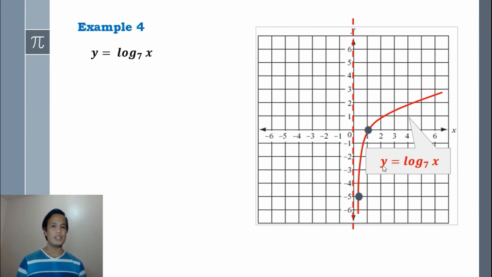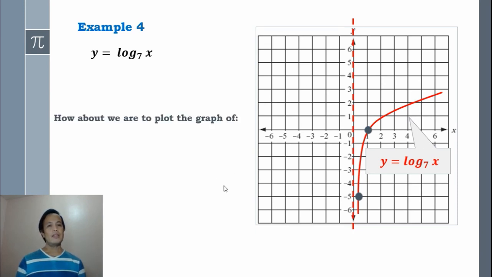Since this is in general form, how about we plot the graph of the function y equals negative log of x base 7. This time we have the negative. As I said earlier in my previous example, the graph of this function with the negative is just a reflection of the graph of the original function.